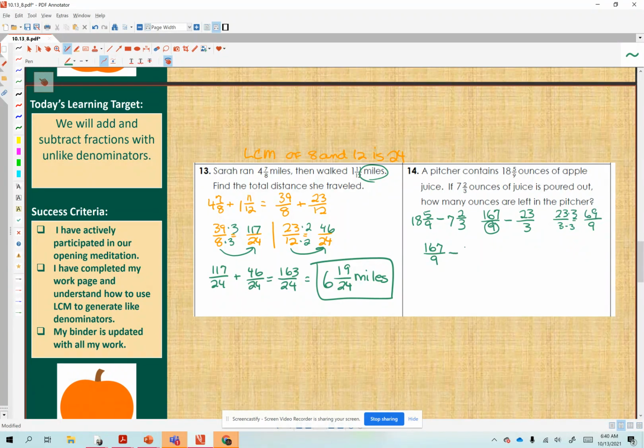So 167 ninths minus 69 ninths equals 98 over 9, which we will convert. 98 divided by 9 is 10 with 8/9 left over, and we are answering this in ounces. So 10 and 8/9 ounces were left in the pitcher.